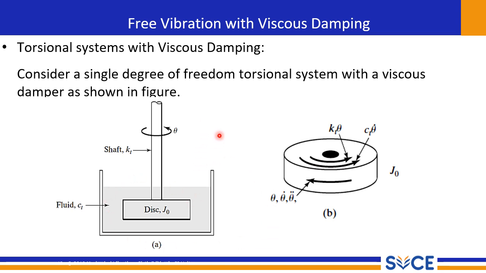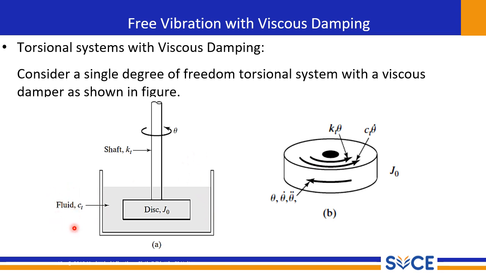We will analyze a single degree of freedom system with a viscous damper, as given in this figure. Imagine a disc with moment of inertia J0 attached to a shaft with torsional stiffness K_T. Now the disc is immersed in fluid that provides the viscous damping, represented by the damping coefficient C_T.